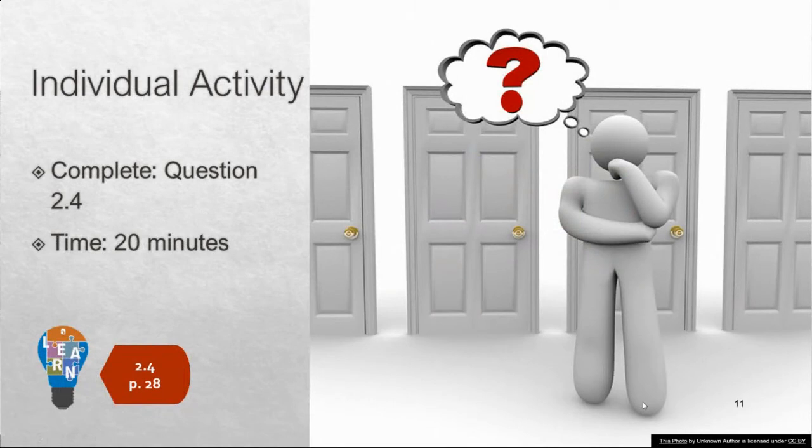Okay, so let's do individual activity 2.4. It's on page 28 of your textbooks. Now, what I want you to do is I'm going to put up the Excel with the account names and the account numbers for those guys that might not have a textbook as yet, so that you can do the question.